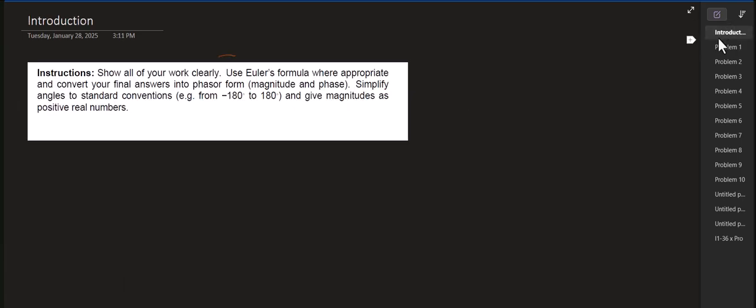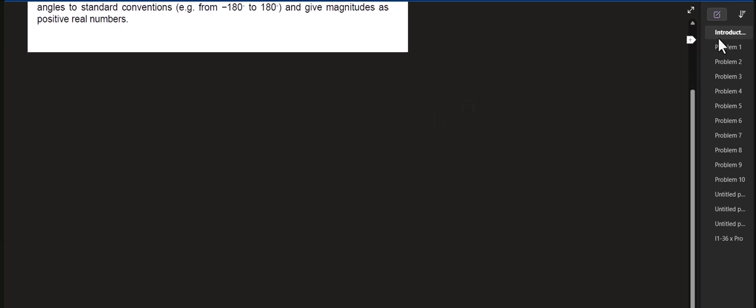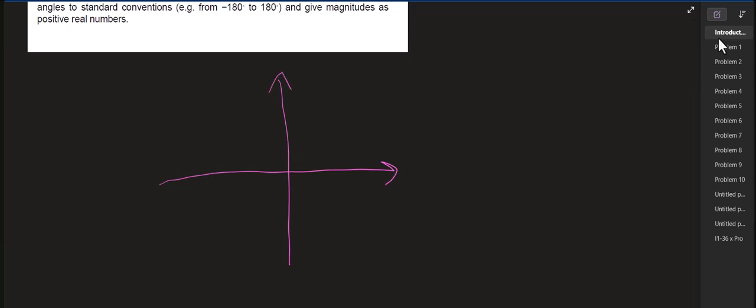what you need to know about complex numbers in polar form is, when we represent a complex number, we can use an axis system where we have a real axis and an imaginary axis.